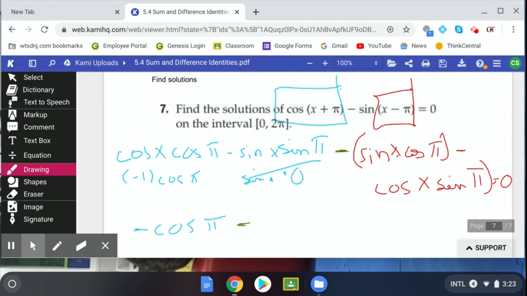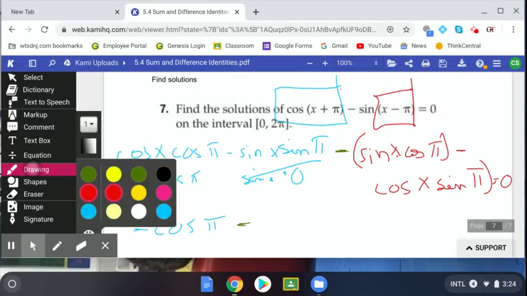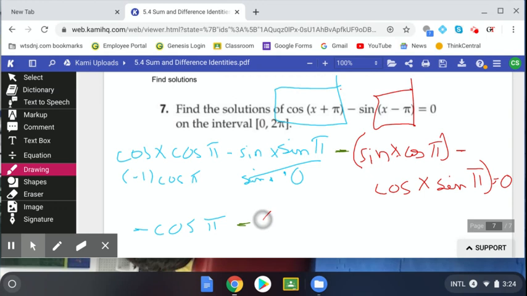So -1 times sine x is negative sine x. And then the second part, sine pi is 0. So since this is 0, this goes away. So I'm left with equals 0.